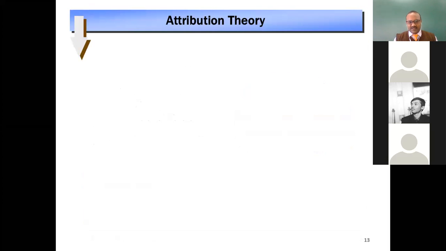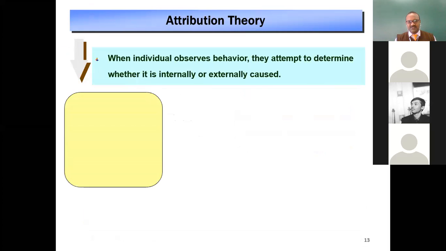Going a little further, there are three explanations that you will get. When individuals observe behavior, they attempt to determine whether it is internally or externally caused. Let's take another example. An employee is coming late to work. It could be because of an internal or an external attribution.